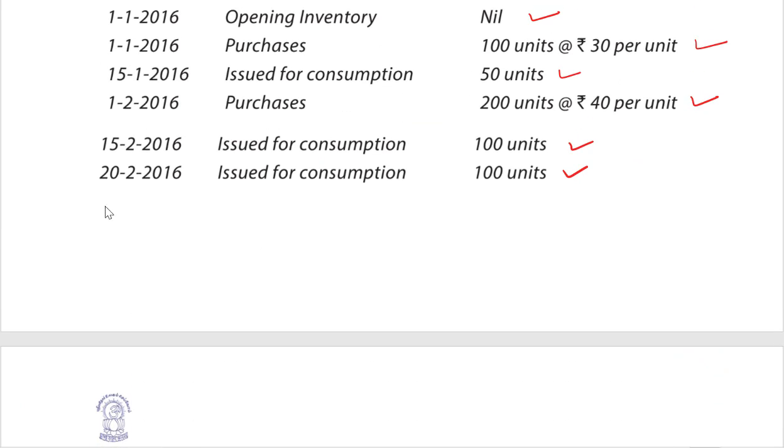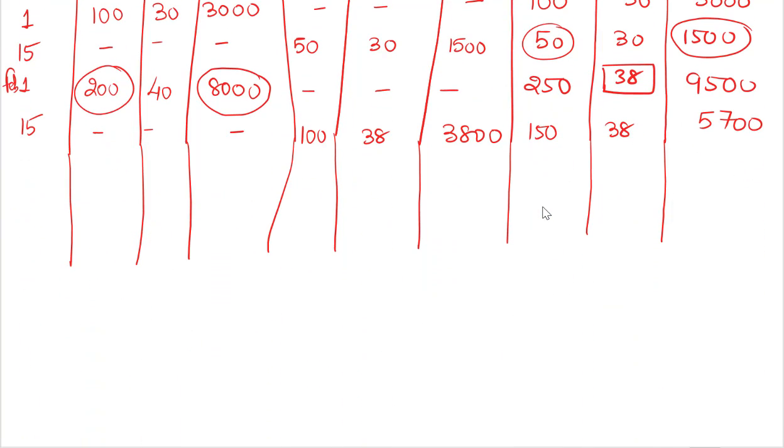Let's move ahead. 20th February issued for consumption 100 units, from this only. So the rate would be 38, 3,800.